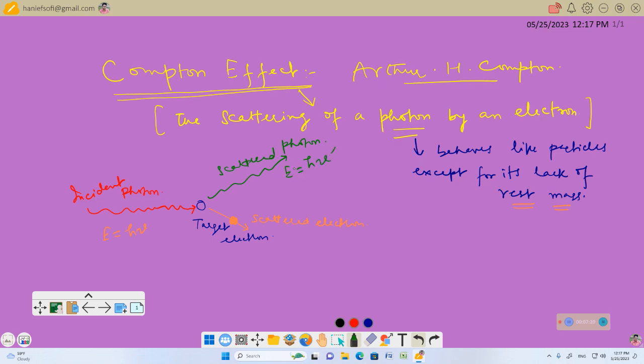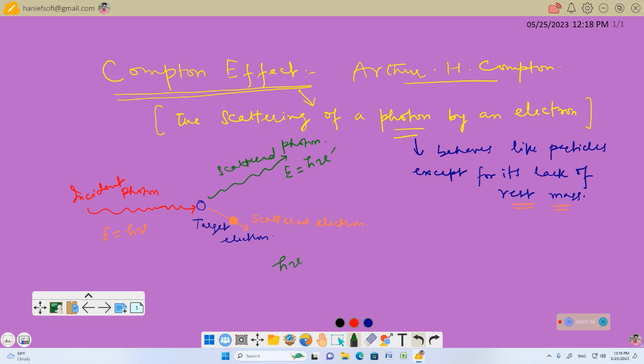So the energy of the scattered photon is different, and that is reflected in its different frequency. So here nu prime is the frequency of the scattered photon, and nu is the frequency of the incident photon. So scattered photon has less energy than incident photon.